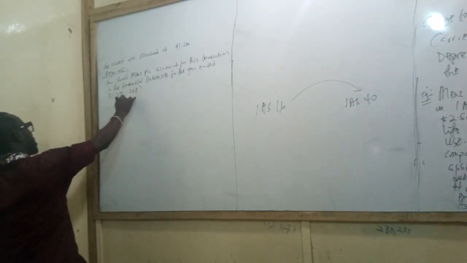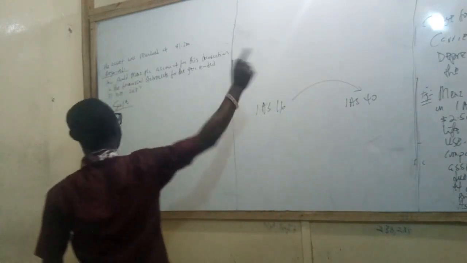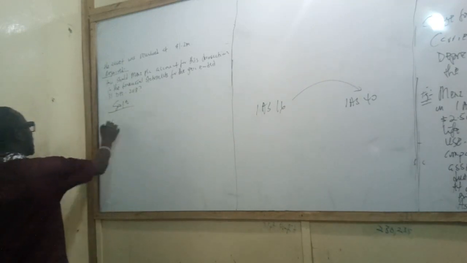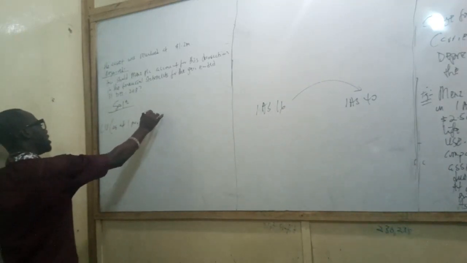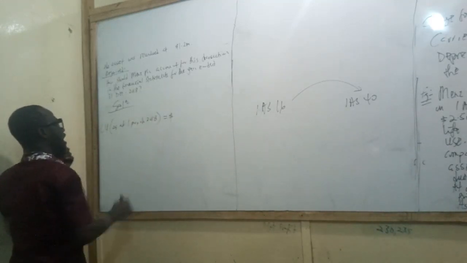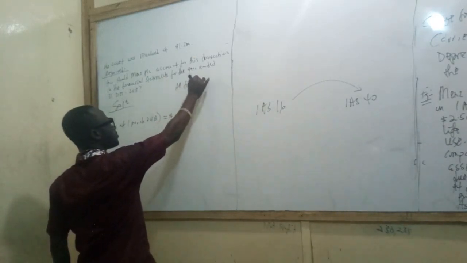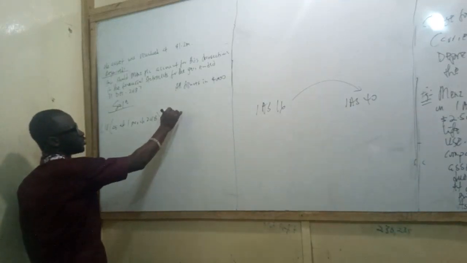We said that we need to calculate the carrying value of the asset as at the date the decision was made. So we have to calculate the carrying value of the asset as at 1st March 2018. That will be equal to the cost of the asset. Now we will tell the examiner that all figures are in thousands, so that we can work with 2,500.